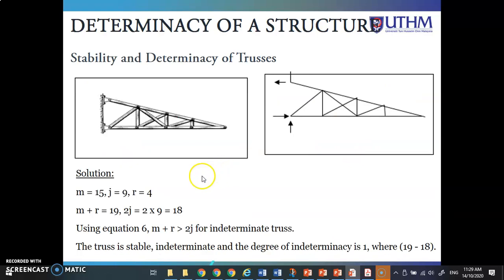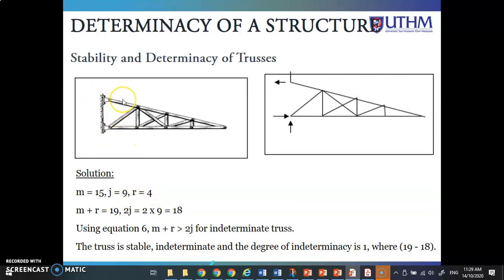Okay. Let's see this example. So this one is the pin. So pin will have 2 reaction and this one also pin support 2 reaction. So kita tahu 2 campur 2 adalah 4. So R become 4. Okay.